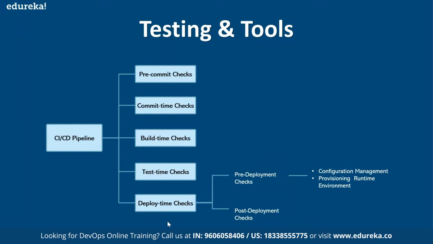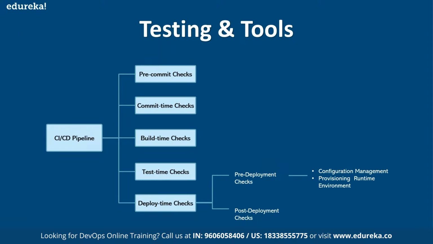There are pre-deployment checks and post-deployment checks. In pre-deployment checks, you will have configuration management testing. Why is configuration management testing required? Let's say I'm picking a hosted version of Chef for configuration management. Is the Chef master hosted on the cloud or on premises?